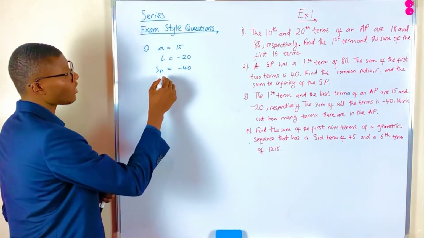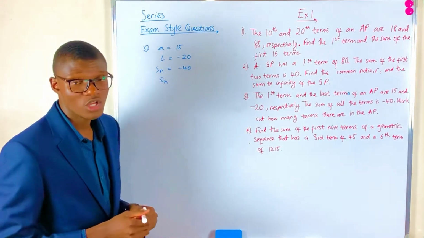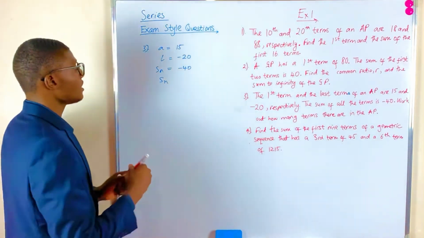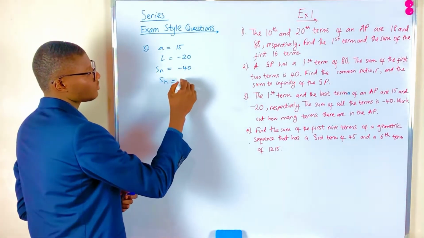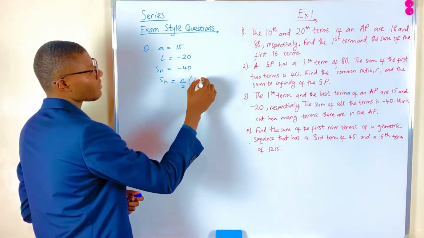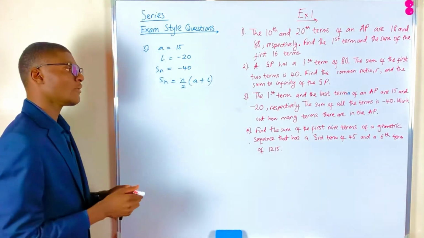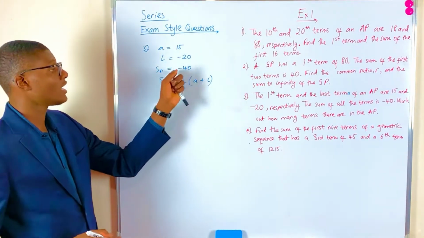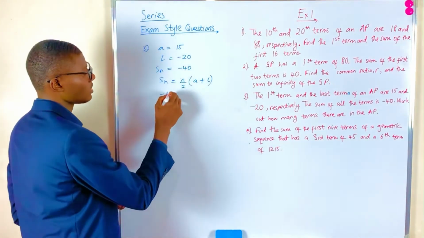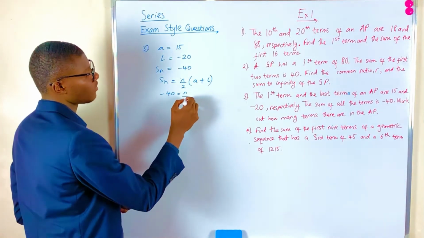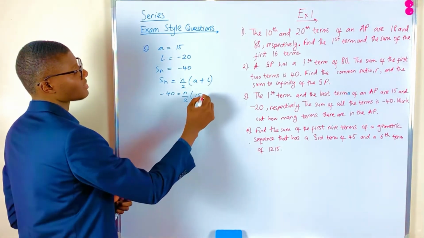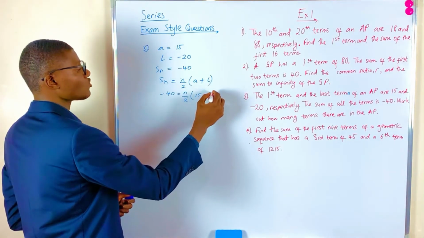So we know that one of the formulae we can use to calculate the sum of an AP is n over 2 multiplied by A plus L, where n is the number of terms. Here we know that the sum of n terms is minus 40. So minus 40 is equal to n over 2 times first term A, 15, plus last term L, minus 20.